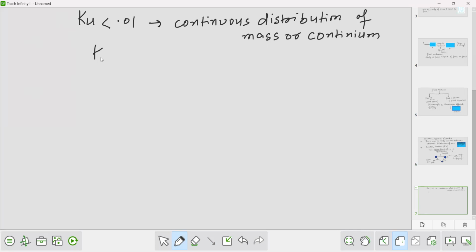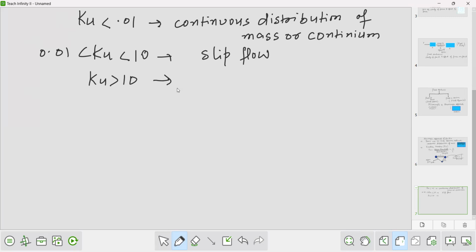And if your Kn is between 0.01 and 10, then there is slip flow. And if the Kn is greater than 10, then there is free molecular flow.